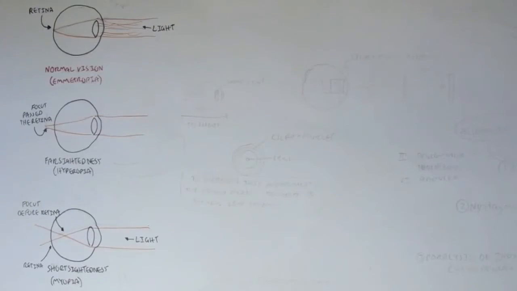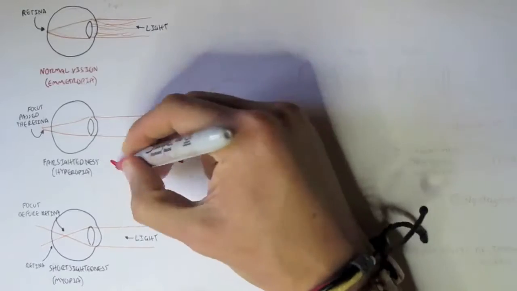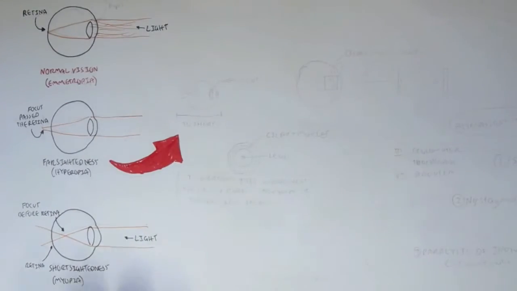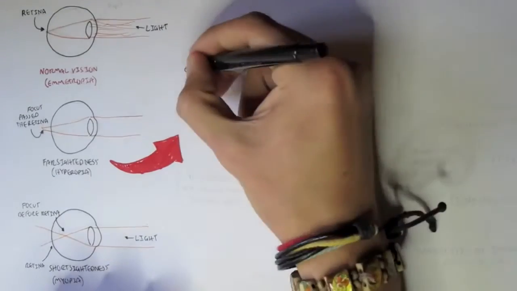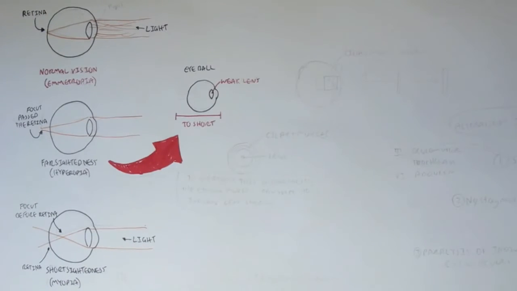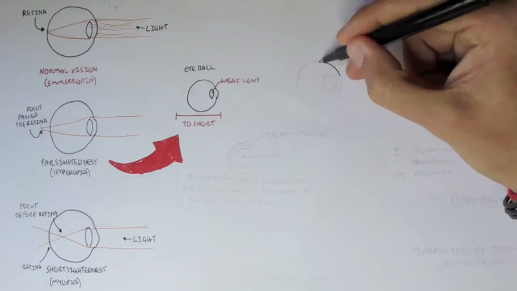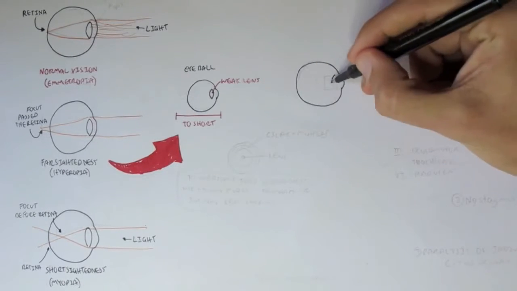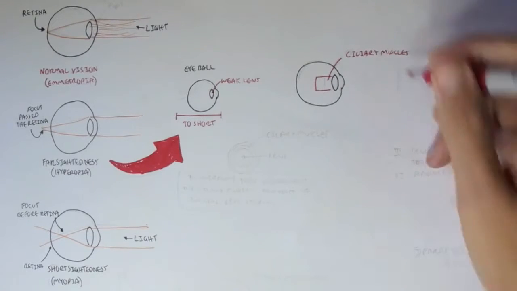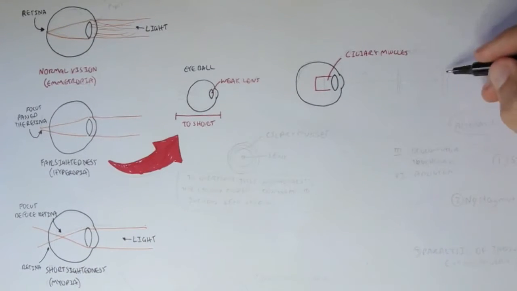So let's look at hyperopia again and go deeper into it. Hyperopia can be caused when the eyeball is too short or the lens is too weak. Here's the eyeball and here we have the lens. Ciliary muscles help the lens to accommodate, to visualize objects.